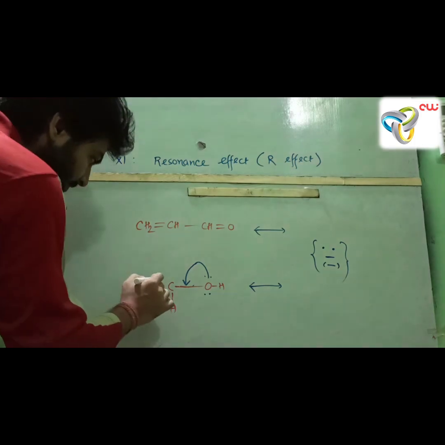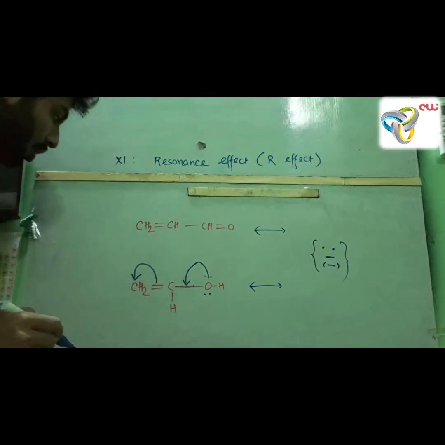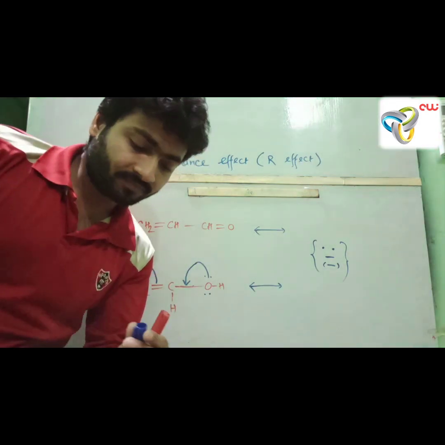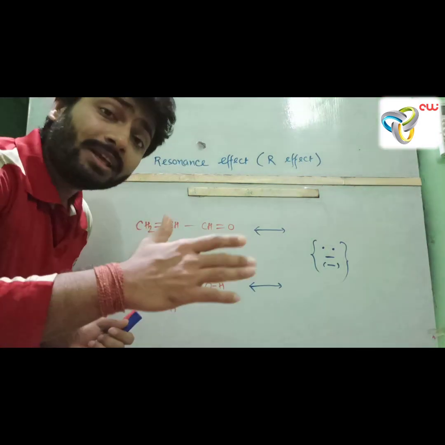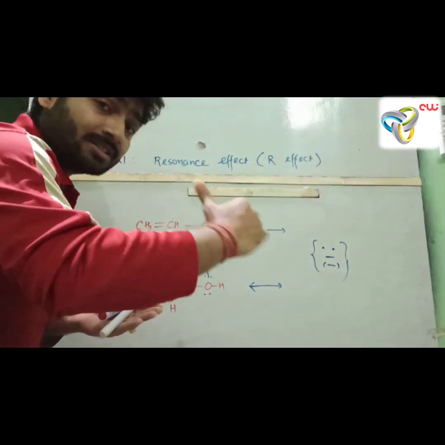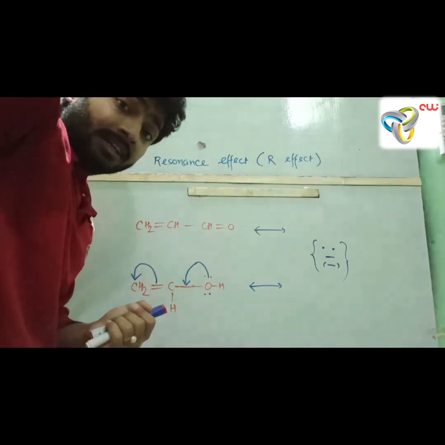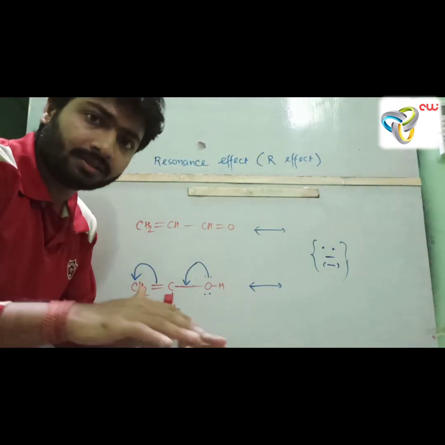How? This bond will be shifted onto this carbon atom. Watch carefully. This is like a flow in the ocean. You have seen the ocean? The flow is coming and it's synchronized from the deeper end to the sea beach end.